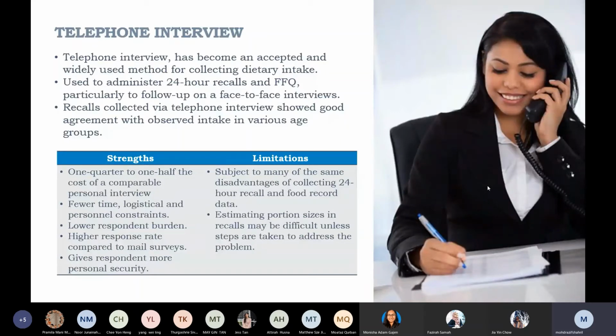But if you have taken some steps to address the problem by providing them the figures during your first visit, or give a guide of portion size to them, then it will not be a limitation in a telephone interview. Okay.